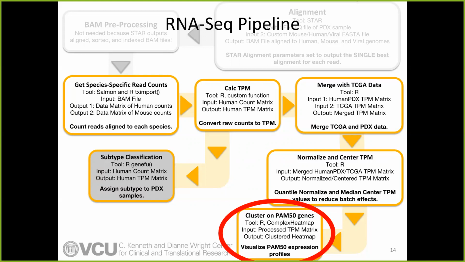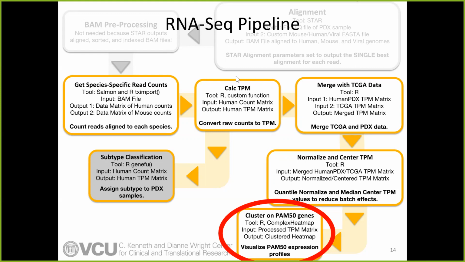So we wanted to take our gene expression profiles from the PDX models and integrate them with the TCGA patients who are also classified based off of subtype, and see if the HER2 clusters with TCGA HER2 samples, if our basal samples cluster with TCGA basal samples, or do they not cluster? So this was another form of verification that we're getting what we expect to get. And our PDX models do appropriately represent actual human data.